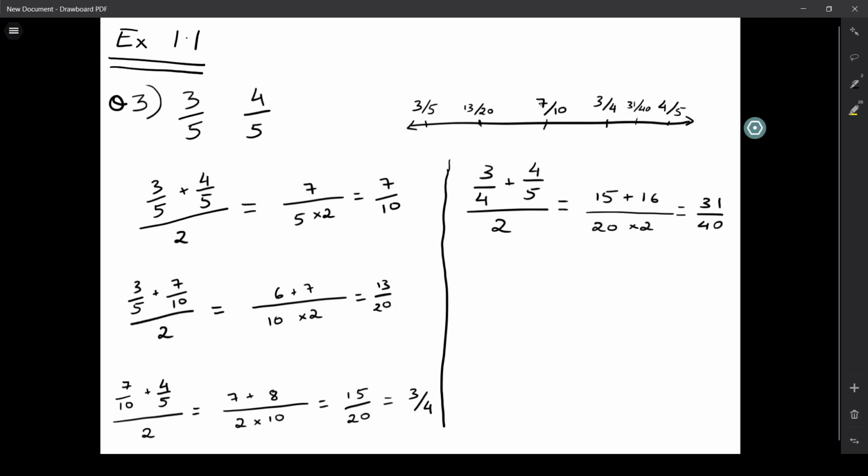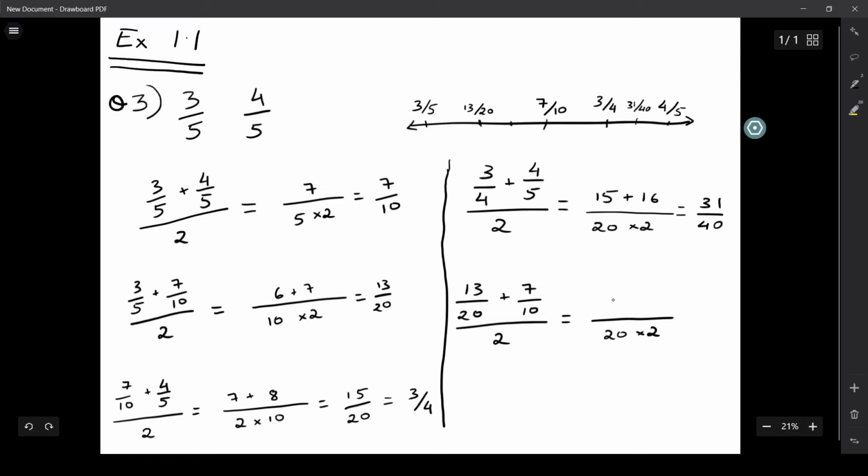Similarly, let's take any other 2 points, let's say 13 by 20 and 7 by 10, and take out the midpoint for that. We're pretty used to this approach of taking the midpoint now. I anticipate you would have done this much quicker than I've been doing, but I'll still lay it out.